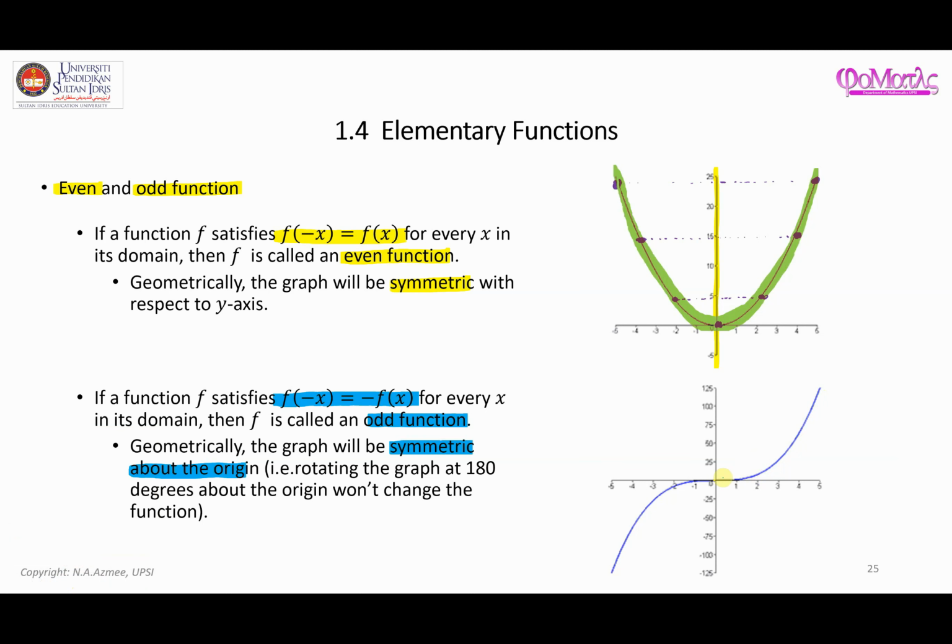So let's say that this is the graph that we have, this part. And for example, if you have this particular point, and it says that it will be symmetric about the origin, so you can imagine having a line constructed here.